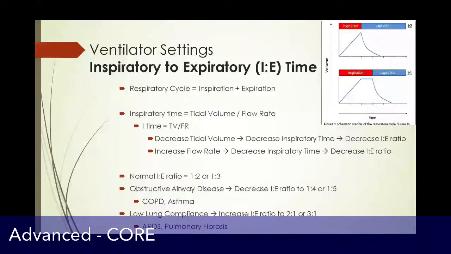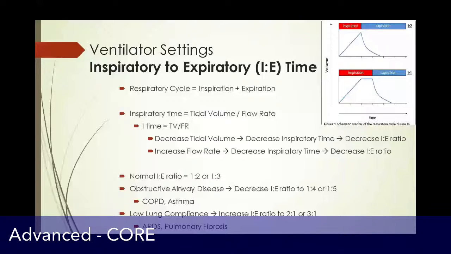So with that mathematical relationship, you can see that if you decrease the tidal volume, you'll also decrease the inspiratory time, and that way you would decrease the I to E ratio. And on the other hand, if you were to increase the flow rate, you do the same thing. You decrease the inspiratory time, you decrease the I to E ratio. So a normal I to E ratio is going to be something like 1 to 2 or 1 to 3. You normally exhale longer than you inhale by 2 or 3 times.